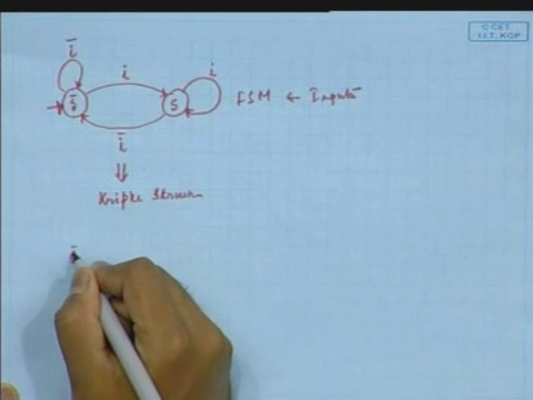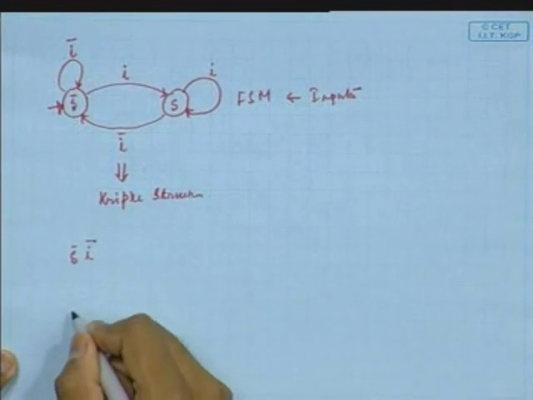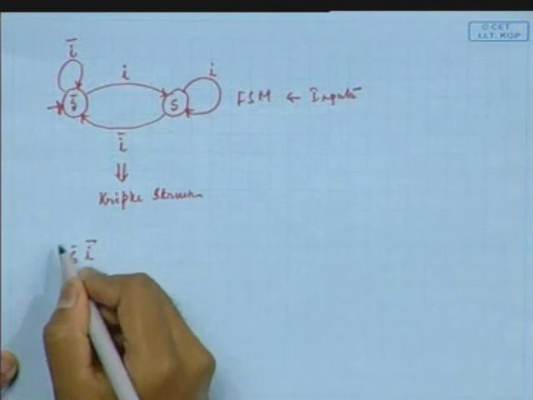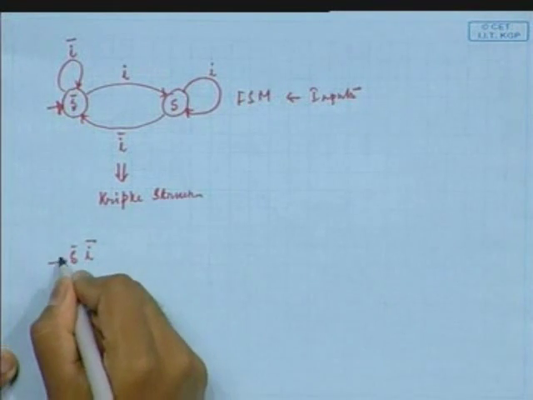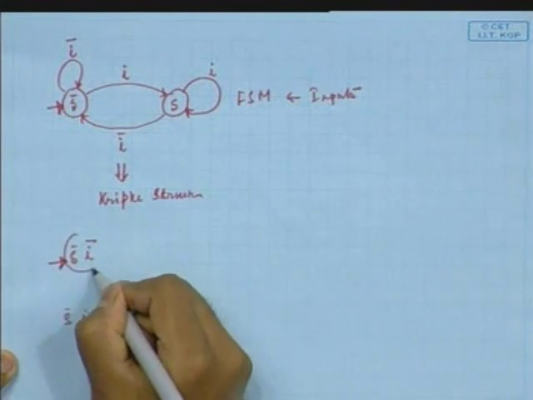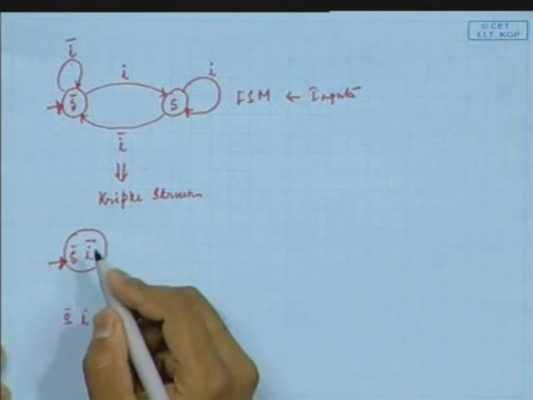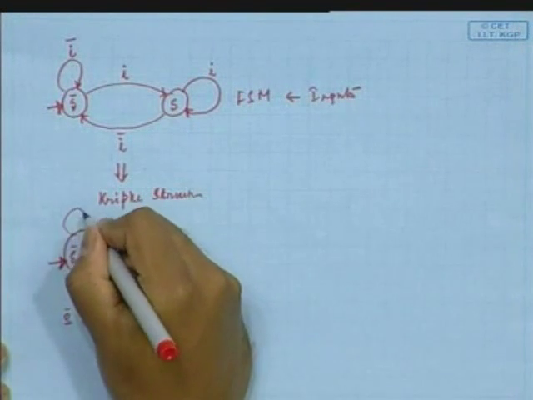Now at state S bar, the input may be I bar, at a state S bar the input may be I, and we assume that initially the input is I bar. So this is the initial state. Now if this is S bar and I bar, it will go to this state or this state.